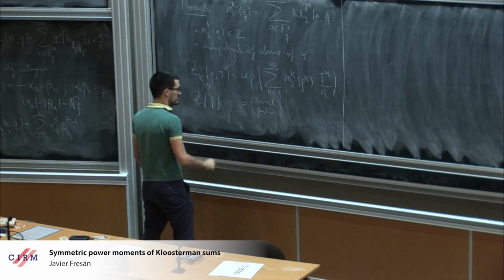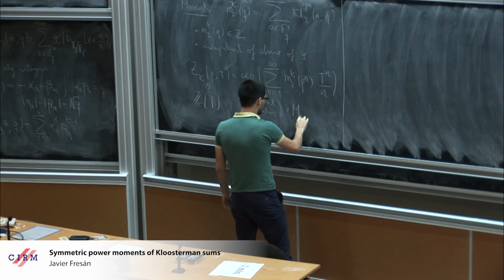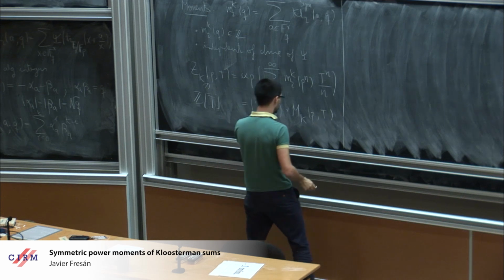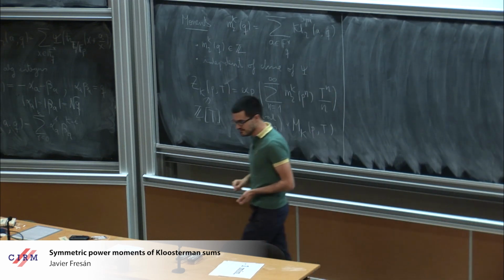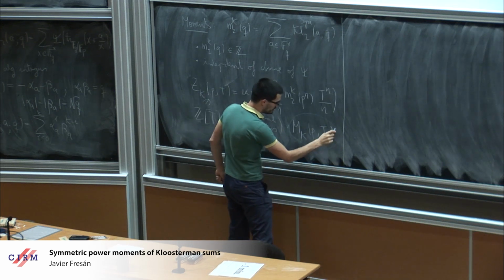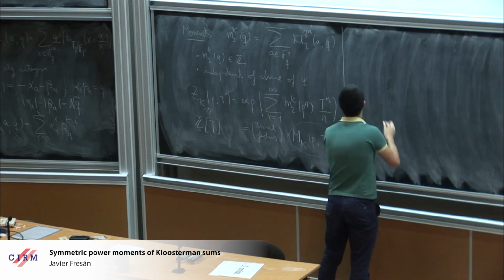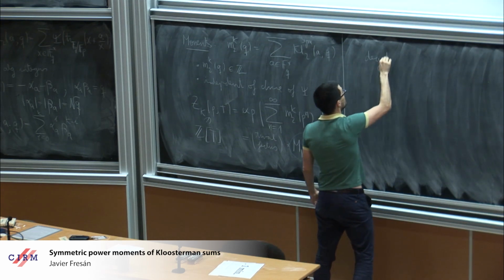So it's better to remove these trivial factors, and then I'm going to call M_k the remaining part. So this will be the quantity of interest for us. And you can compute the degree. So the degree of this polynomial M_k.